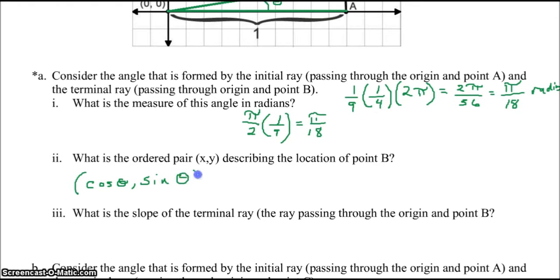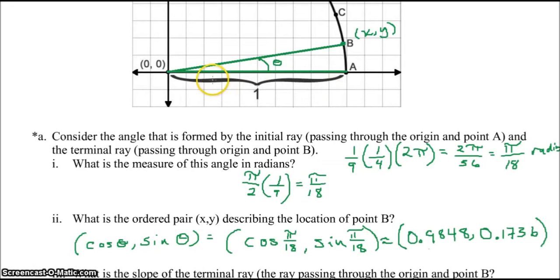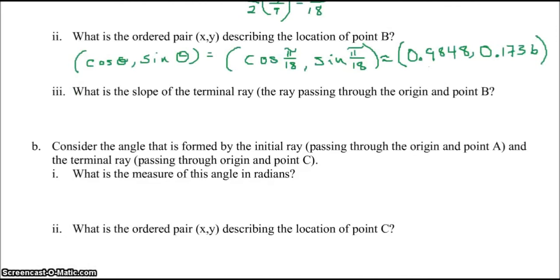And we know theta in this case is pi over 18, so the point is cosine of pi over 18, comma, sine of pi over 18, and this is the approximate coordinates of that point. 0.9848, that seems about right. We're almost a full radius length, and then 0.1736 of a radius length vertically.